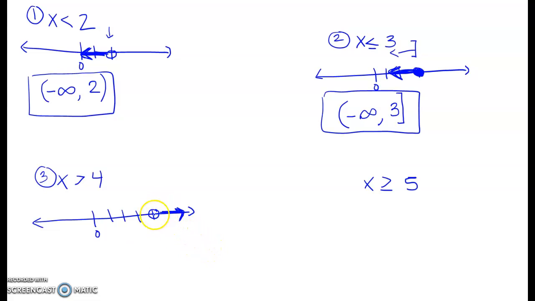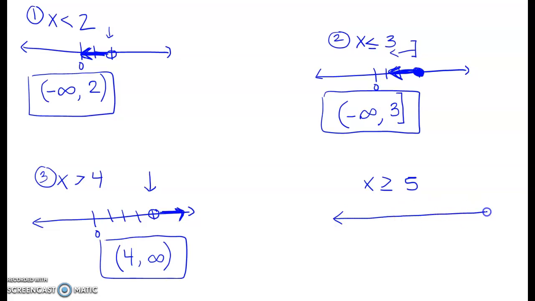Well, what's the smallest number that's a solution here? It's going to be 4. The greatest is going to infinity, and so it's just going to be 4 up to infinity. We hopefully know by now, infinity always has a parenthesis around it. Now 4 is not included, and it's an open circle, so it's also going to have a parenthesis. Open circle means parenthesis, it's not including 4, it just starts right after 4 and then goes up to infinity for the solutions. So that would be the answer.